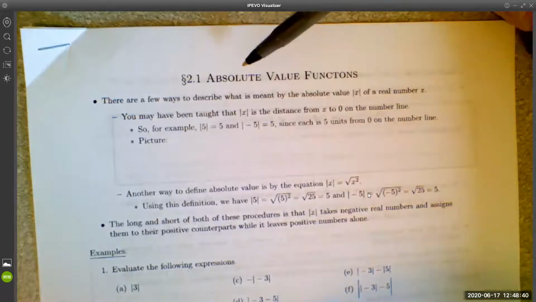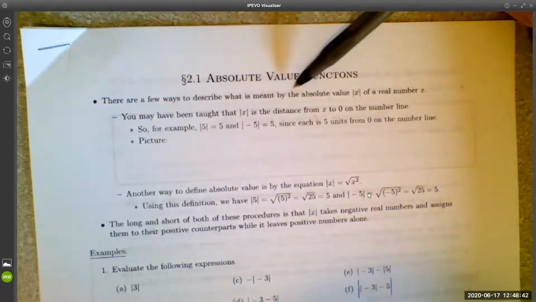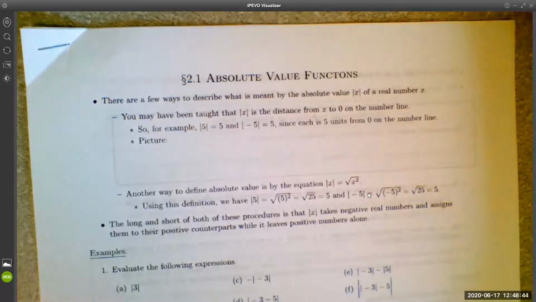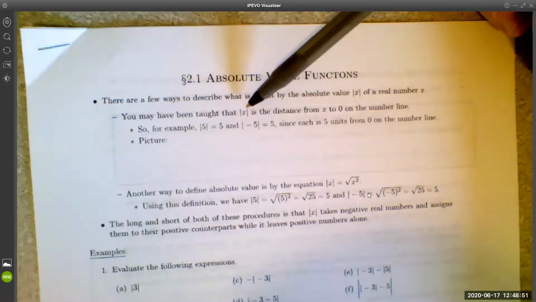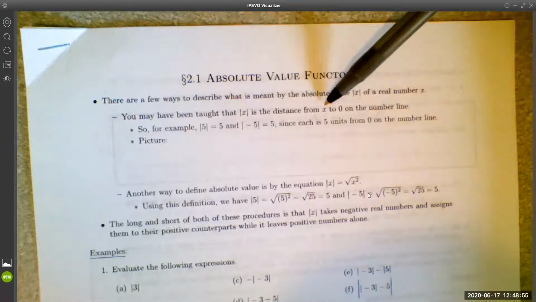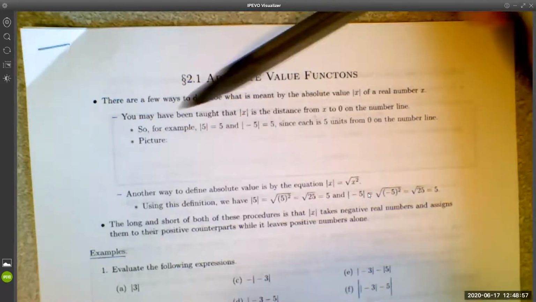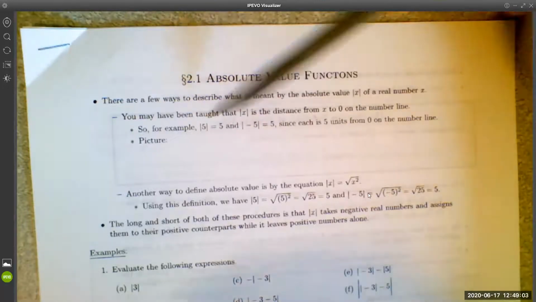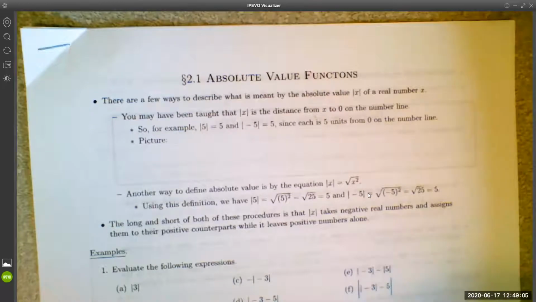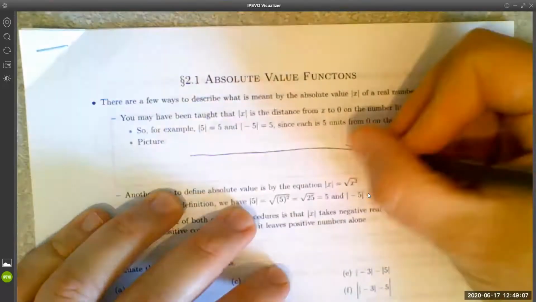So first of all, to wrap our brains around the absolute value, there are a few different ways that we could define what we mean by absolute value. One way that you may have been taught in the past is that the absolute value of a number is the distance of that number from 0 on the number line. So for example, absolute value of 5 and absolute value of -5 are both 5, since each of those numbers is 5 units away from 0 on the number line, right?